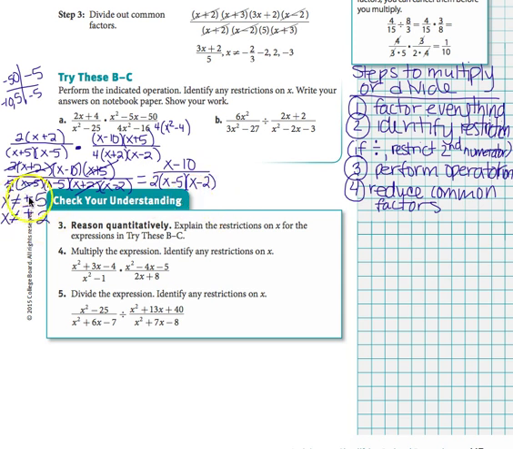And just like we decided with our restrictions, x cannot equal plus or minus 5 or plus or minus 2. And that's our answer there.